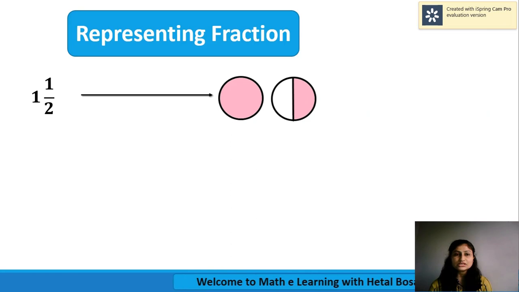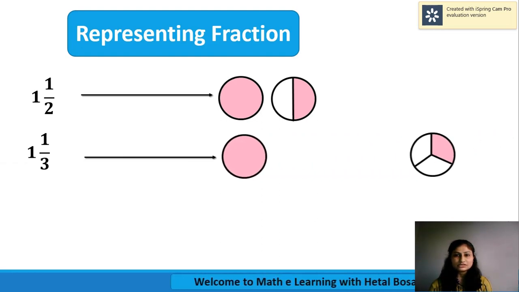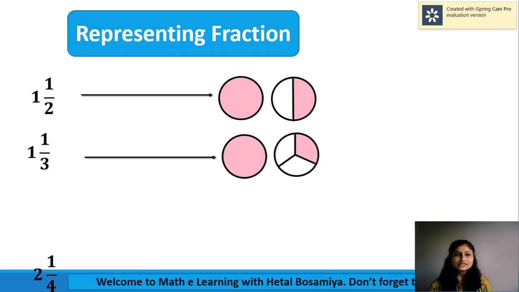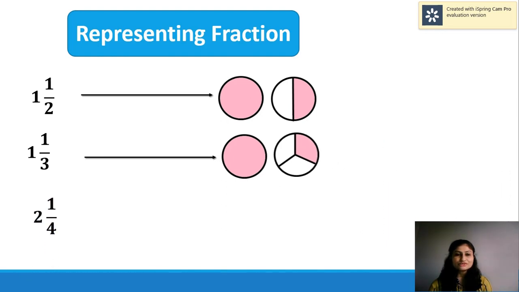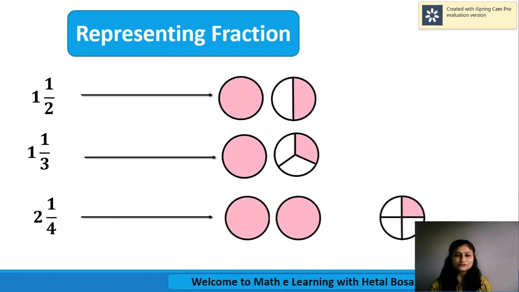So it is 1 and a half. Then next is 1 integer 1/3. We again take one full circle and then we take 1/3. Next example is 2 integer 1/4. Now we take two full circles and 1/4.